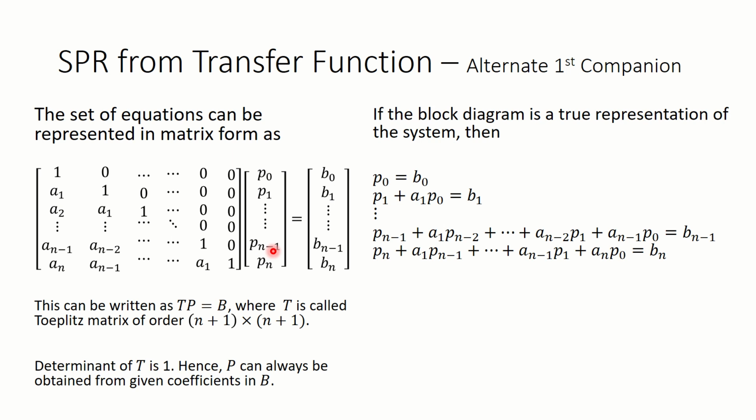We are not landing in a situation where we have followed a procedure assuming some unknowns, and now we are not in a position to evaluate those unknowns. We are in fact able to evaluate these unknowns uniquely. So whatever approach we have undertaken, that is a valid approach, and it will give us a state space realization.